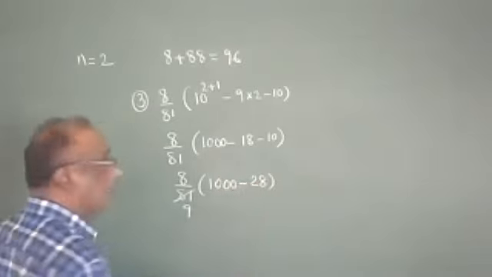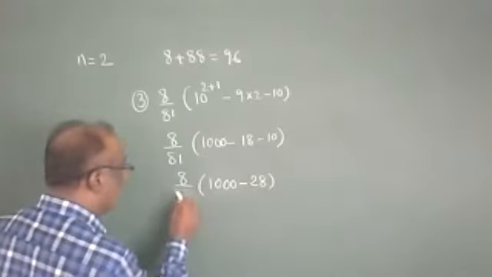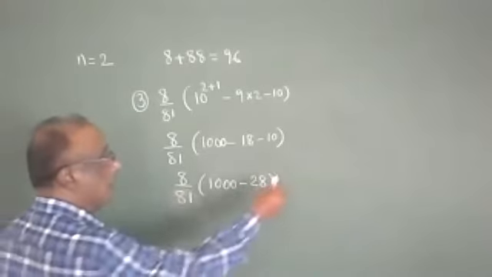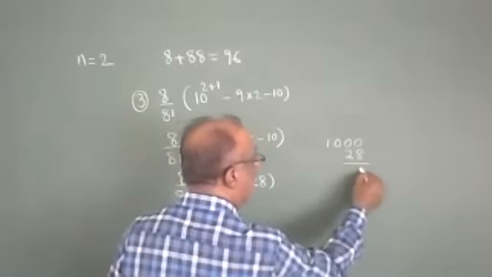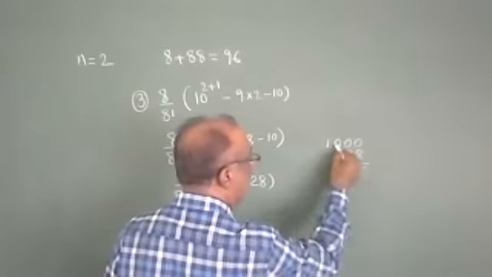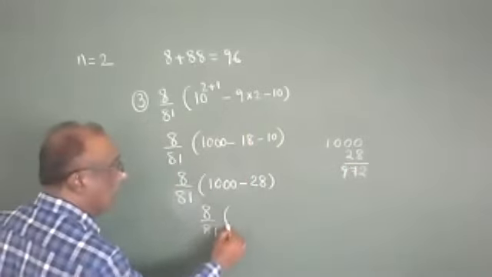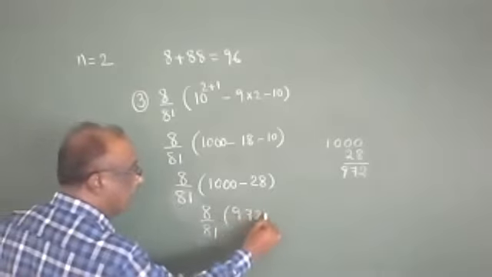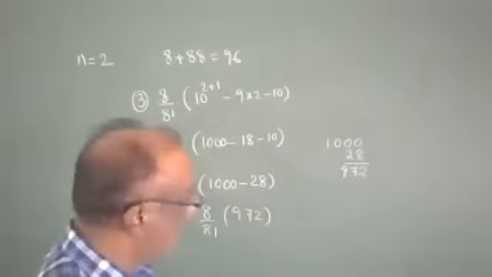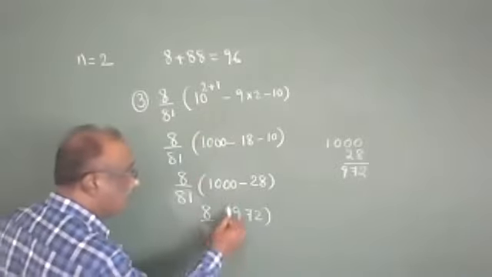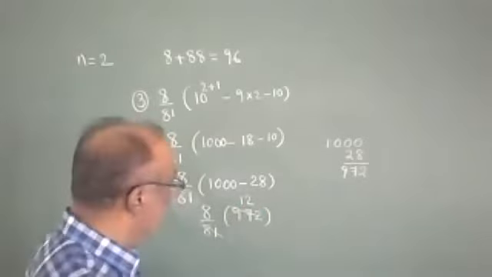Subtract. Now what is the value we can see? So 1000 minus 28, here is the 2, here is the 7, here is the 9: 972. 8 by 81 into 972. Is it clear? So now we can cancel. Very good, 972. Abhay, right? So 81 times 12 is 972. 12 into 8 is 96.